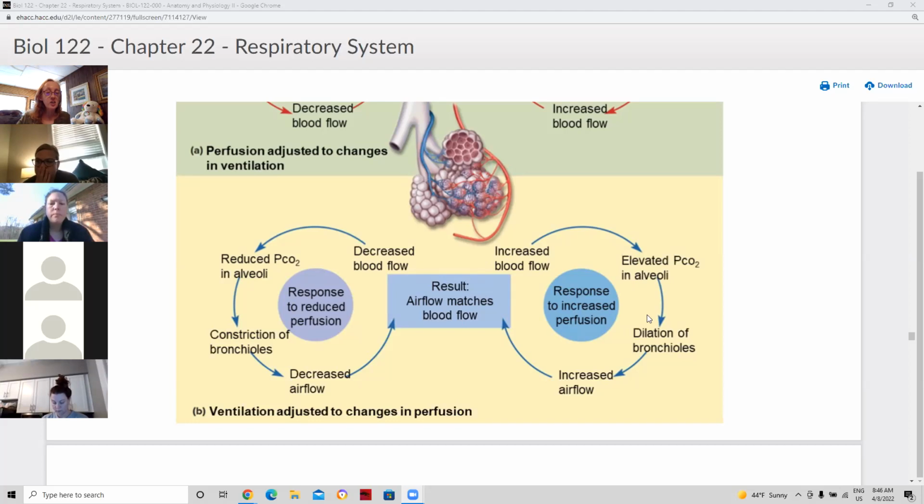To equalize them out, the bronchioles are going to dilate, resulting in increased airflow, which will match the increased blood flow. So we're either going to constrict or dilate the vessels, or constrict or dilate the bronchioles in order for them to match.